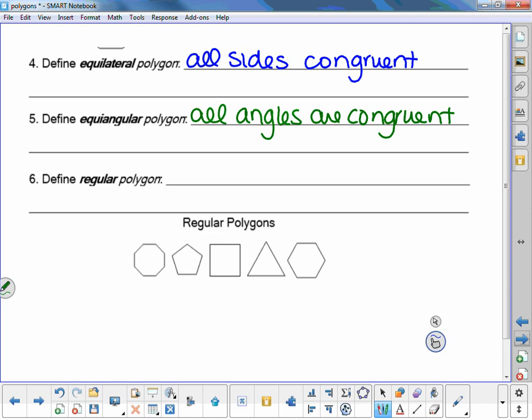So whenever you hear regular polygon, that means that it is equilateral and equal angular. So it means all sides are congruent, all angles are congruent.